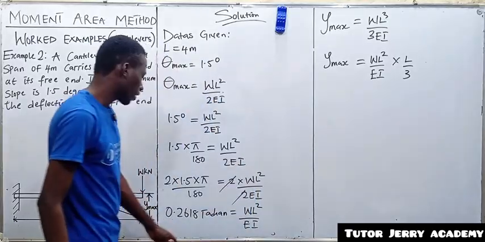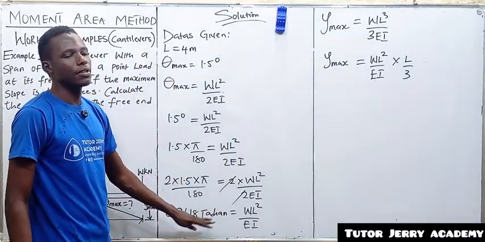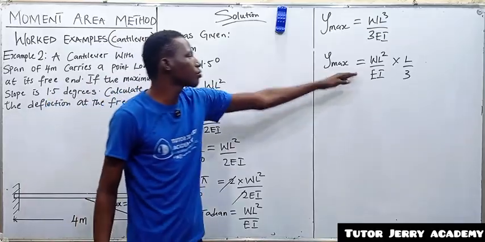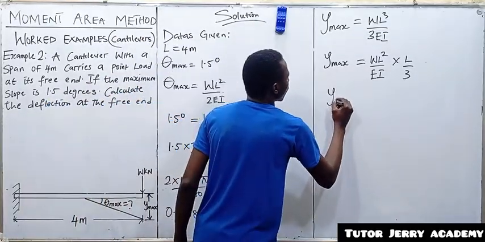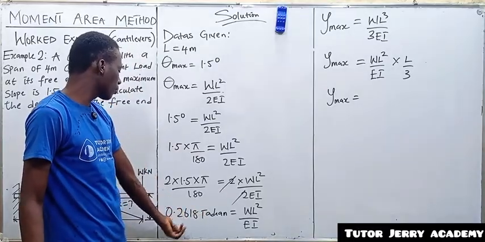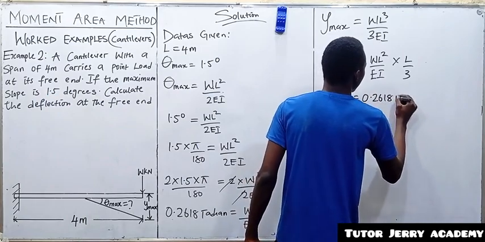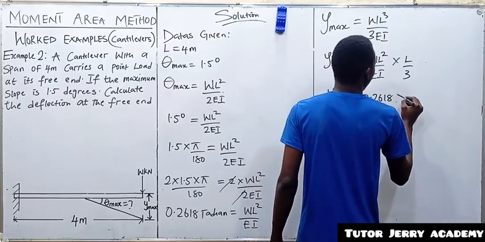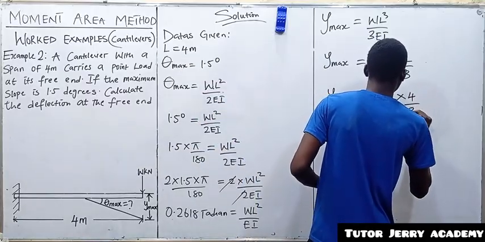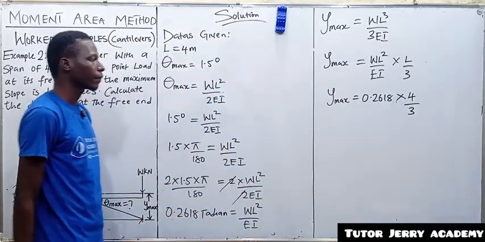Now we have WL square all over EI equal to 0.2618 radian, so we substitute that into this equation. Y max is 0.2618 multiplied by L all over 3, and our L is 4, so 4 all over 3.